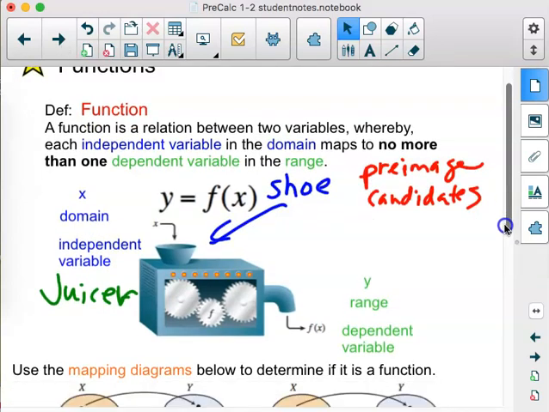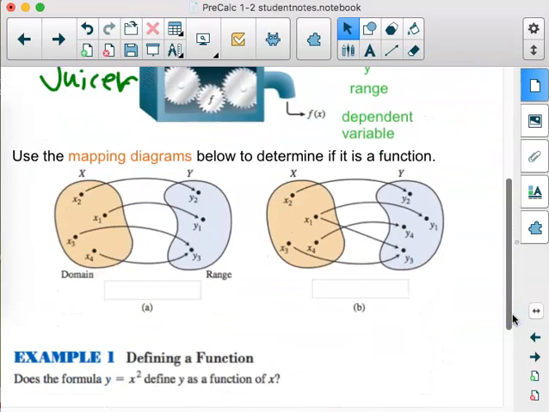So we've got a mixture of vocab here. So what we're looking at here is a mapping diagram, and this shows us what's going on with our functions. For this x value, it gets mapped to exactly one y value, and x sub 2 maps to y sub 2. For this x value, x sub 1, it maps to 1 point that's a y, so that's going to be our one output.